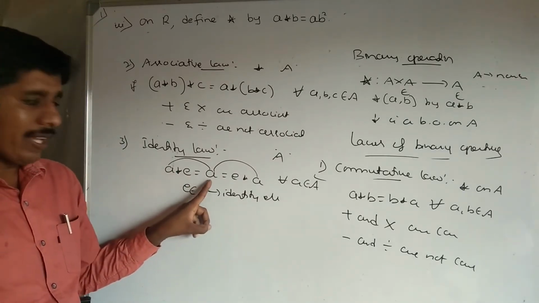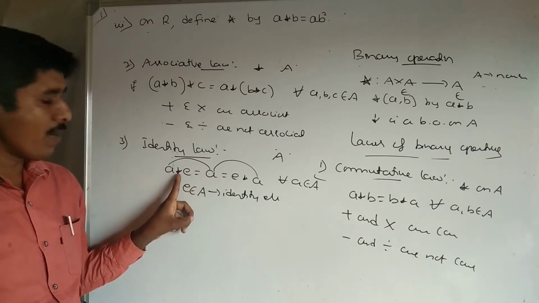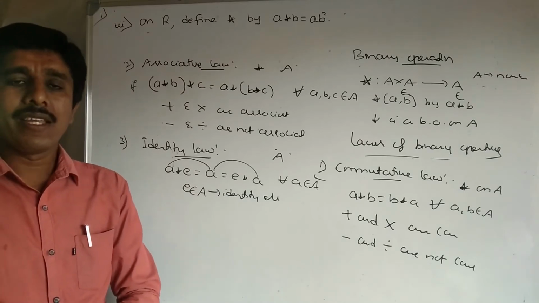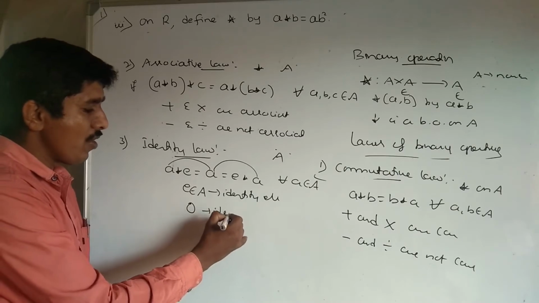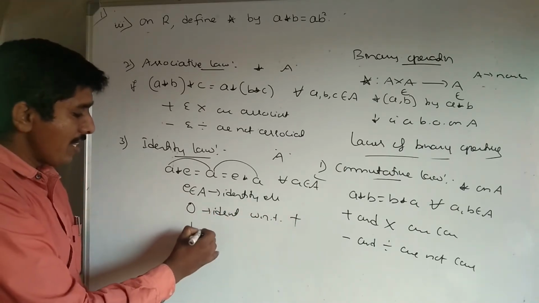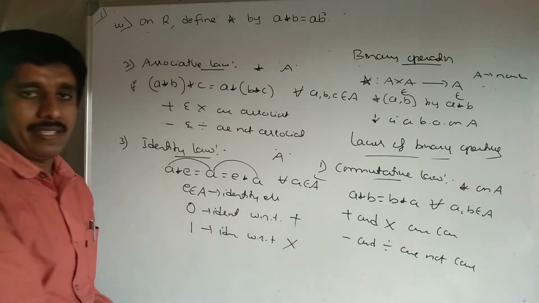Any element combined with e gives the element itself with respect to operation star, so e is called the identity element. We know that 0 is the identity element with respect to addition. 1 is the identity element with respect to multiplication.